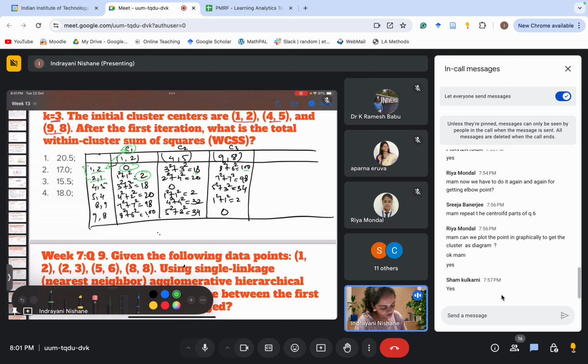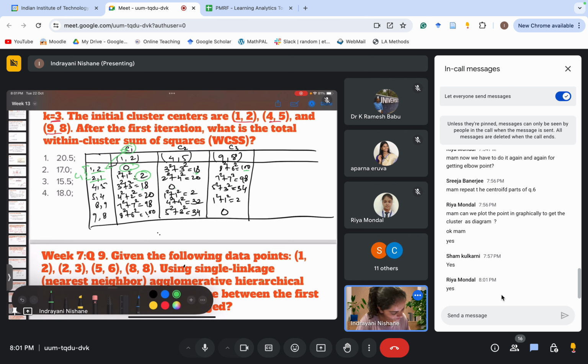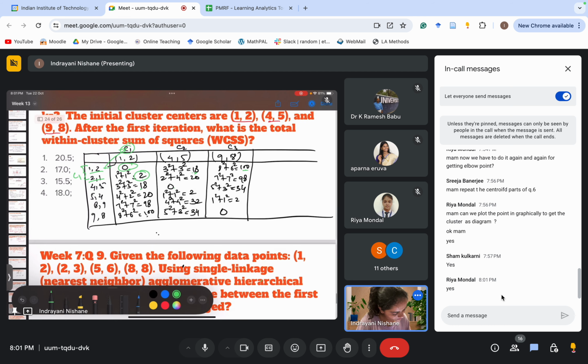So this point also belongs to C1. 18, 0 and 30. Did I miss any point here? I think I missed some point. Yeah, this 5, 4, which is 4 square, 32.